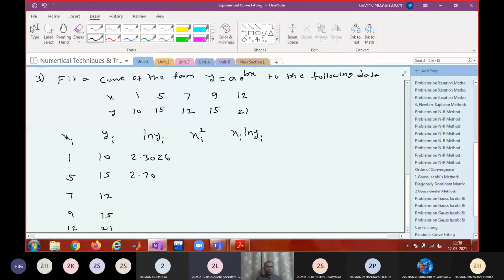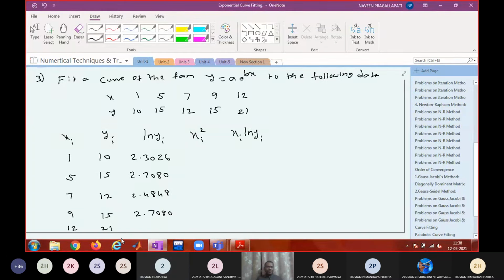2.7080. Next, log 12. 2.4848. Log 15: 2.7080. Okay, sounds right. It's the same values.